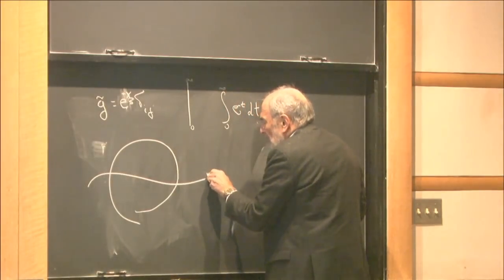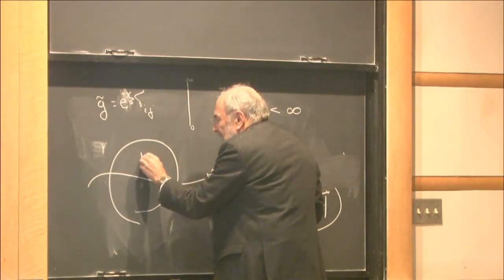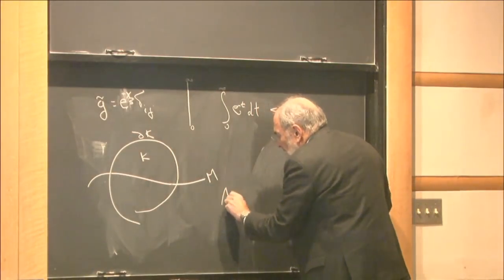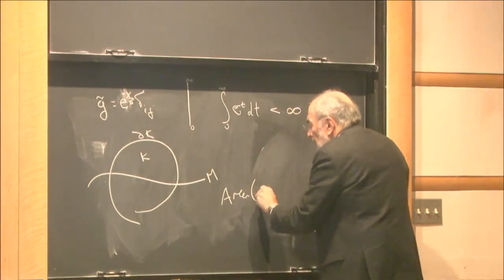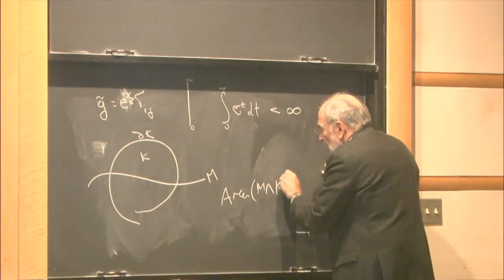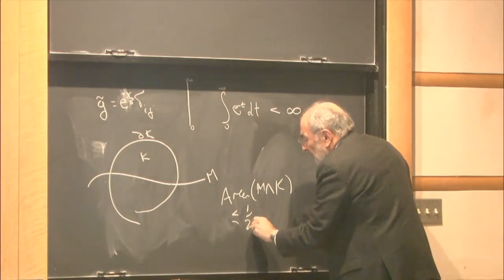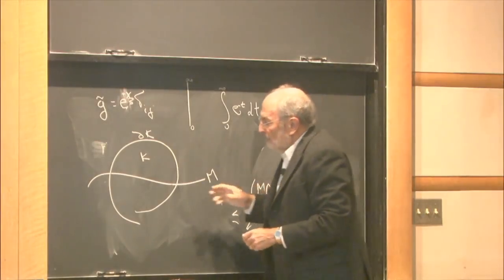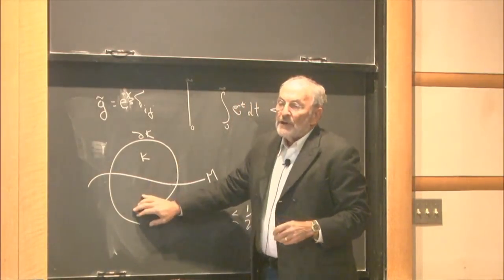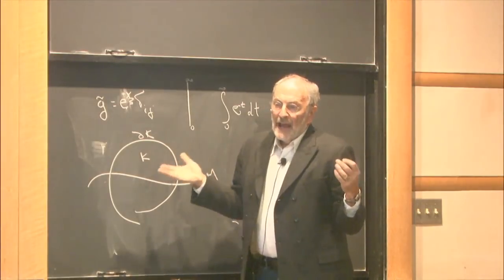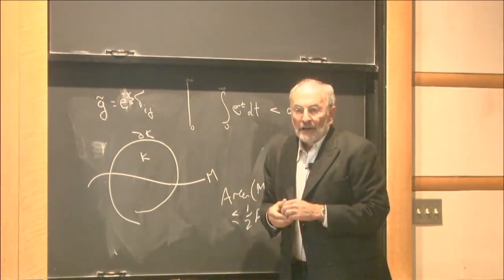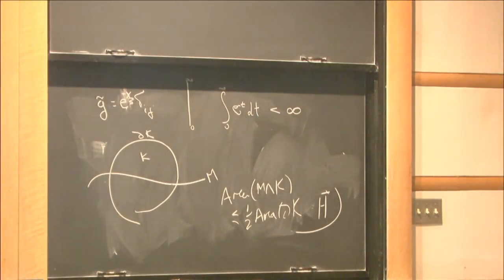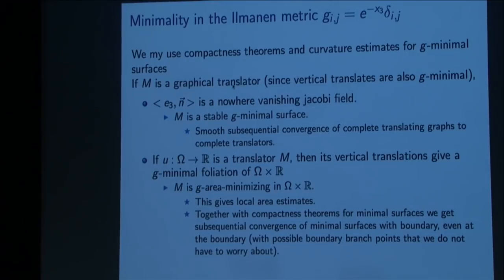I'll call it M. And take some compact set K and look at the boundary of K. This is area minimizing, so the area of M intersect K is equal to or less than 1/2 the area of the boundary of K. It's equal to or less than this area and this area. One of them is not greater than half of the area of the boundary. So you have local area estimates. So anything about smooth convergence that requires that, with the usual compactness theorems for minimal surfaces, is going to work.